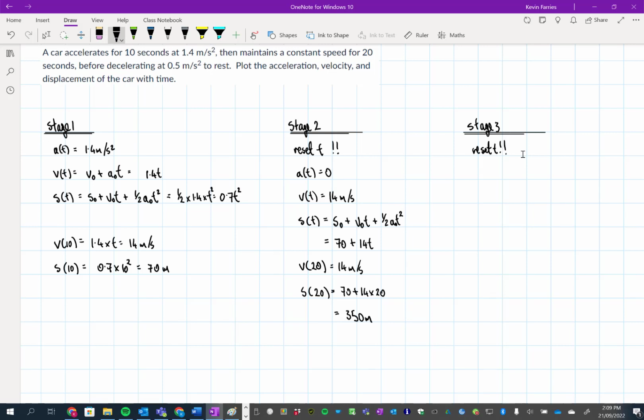So for this stage, we're going to have the acceleration at time t from the start of the stage equal to, it's decelerating, so it's minus 0.5 meters per second squared. The velocity at time t, so we're getting that equation of motion, is v naught plus a naught times t.